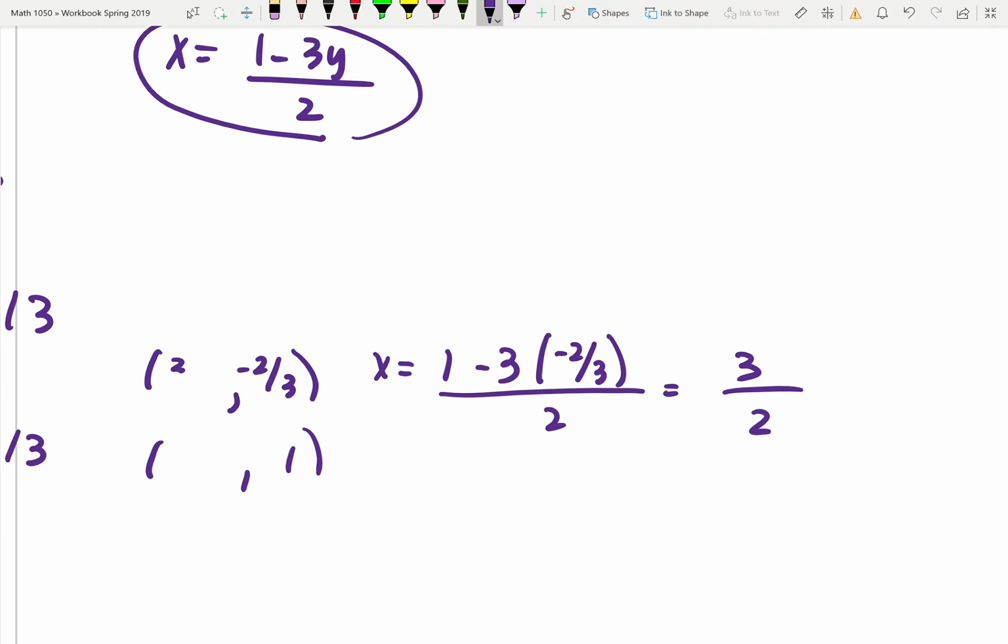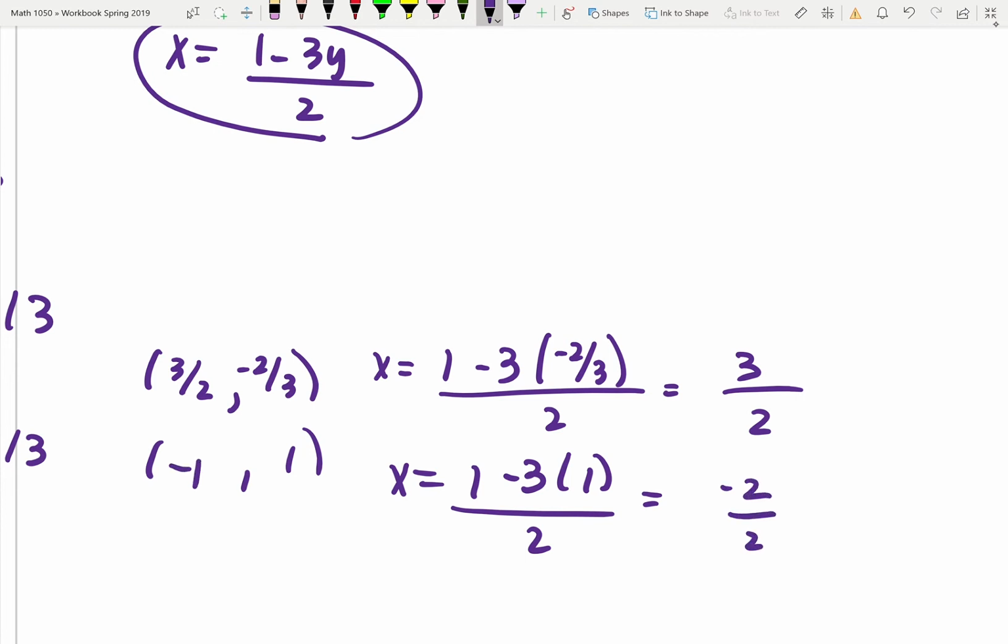So that gives me a 3 over 2. Next one, x equals 1 minus 3 times y, which is 1, over 2. You can put that in your calculator, or a negative 3 times 1 is a negative 3. 1 minus 3 is a negative 2. So you get a negative 2 over 2, you get a negative 1, and you're done.